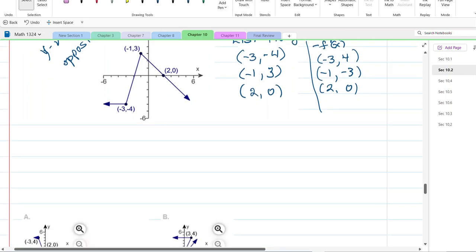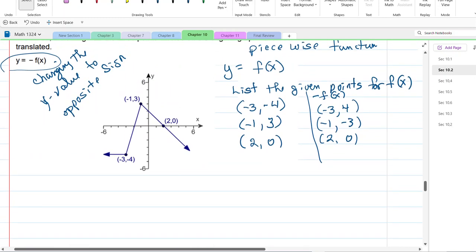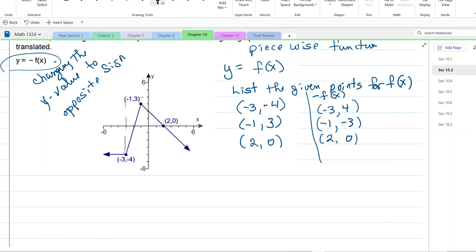Okay, now think about it. So on this one, I'm going to graph what I think. -3 and +4. And that would be right about here. So we would have this guy. And then I'd have -1 and -3. So -1, -3. So now I'd have this guy go here.